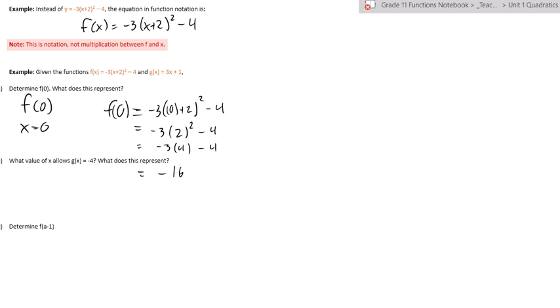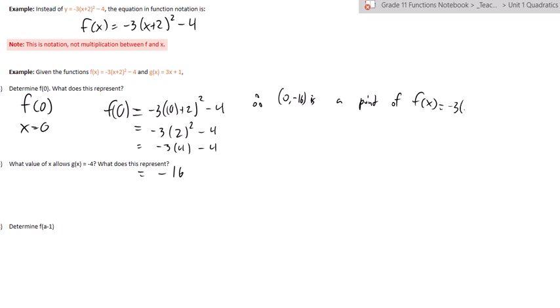So this right here represents: when x is 0, y is -16. It gives us a point. So therefore, (0, -16) is a point of our function f of x equals -3(x + 2)² - 4.